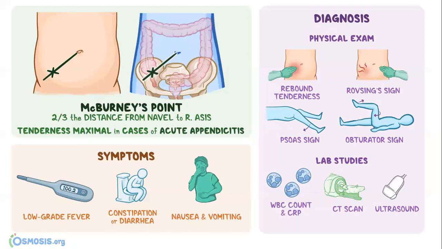Also, we see the psoas sign. The psoas sign means that when the patient moves the leg muscle, there is pain on passive extension of the right thigh. The pain is present when the appendix is inflamed, right?